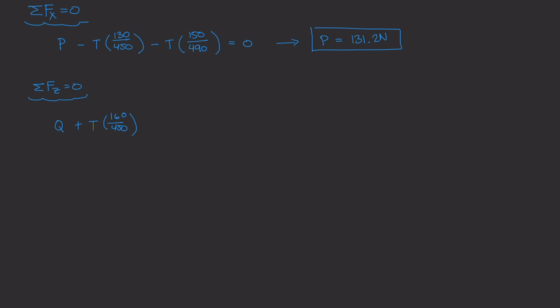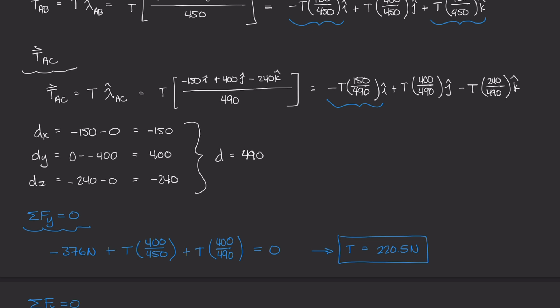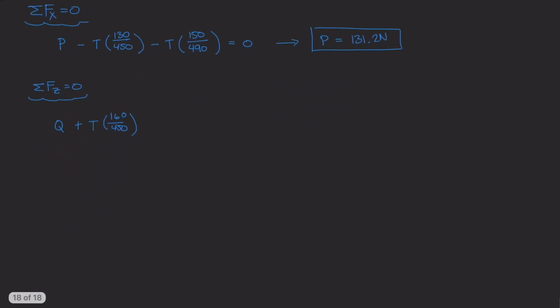And then the z component for TAC is this component right here. Now you'll notice here it's actually negative, so be very careful with the signs. In this case, it's not going to be plus, it's going to be minus tension times 240 over 490. And this, of course, is going to equal 0.